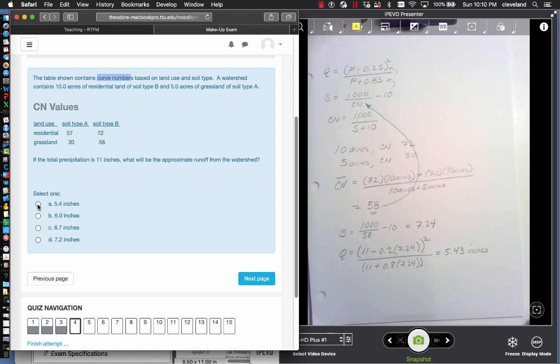And I guess 5.4 is the closest answer. Move on to the next page.